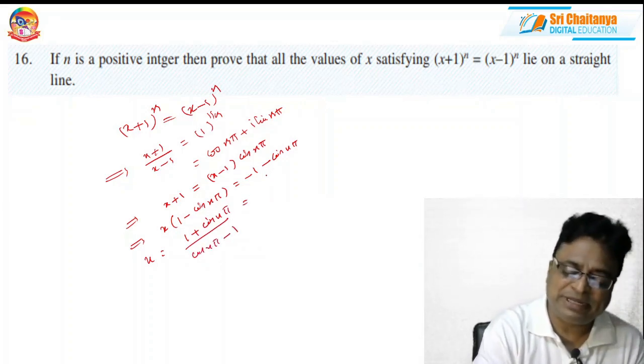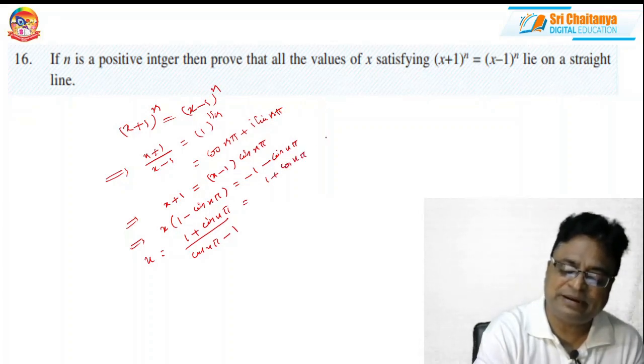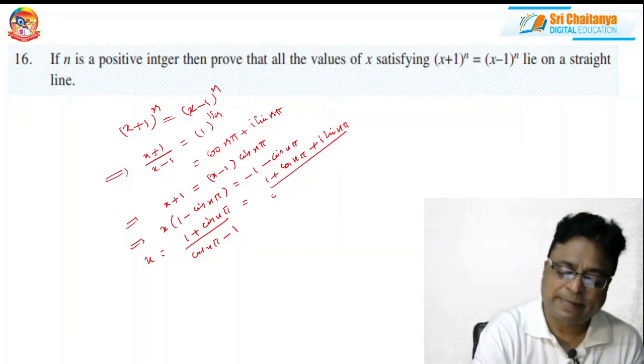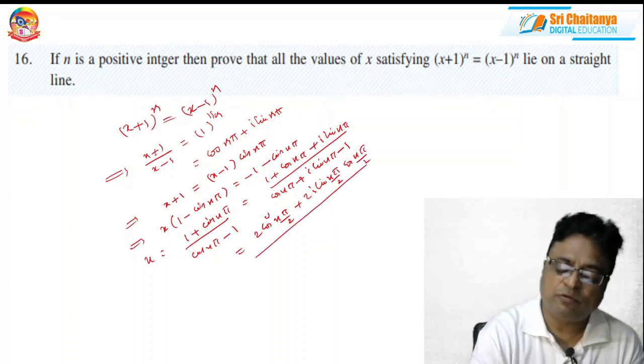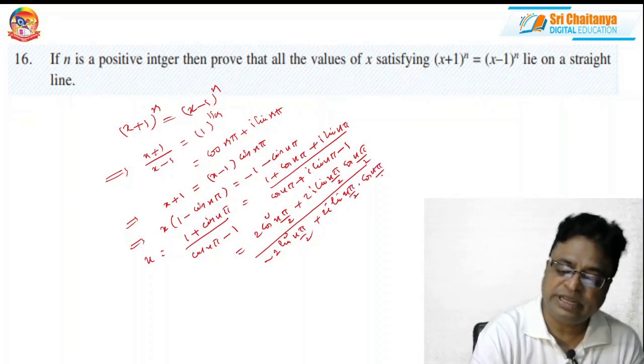Cis n pi means 1 plus cos n pi plus i sin n pi, by cos n pi plus i sin n pi minus 1. So 1 plus cos n pi is 2 cos square n pi by 2 plus 2i sin n pi by 2 cos n pi by 2, by this is cos n pi minus 1, that is minus 2 sin square n pi by 2 plus 2i sin n pi by 2 cos n pi by 2.